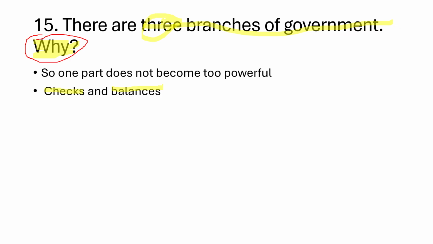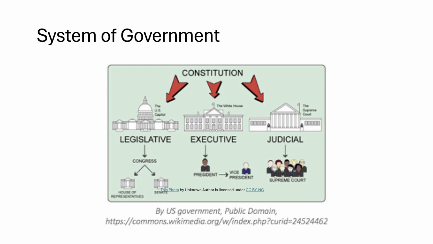That means that the different branches have some ways of limiting the power of the others. Separation of powers, a well-known phrase. Again, it just means that the powers are divided. From there, that's a good spot to move on to the section, which is probably the largest section in the questions of civics. That's on the system of government.